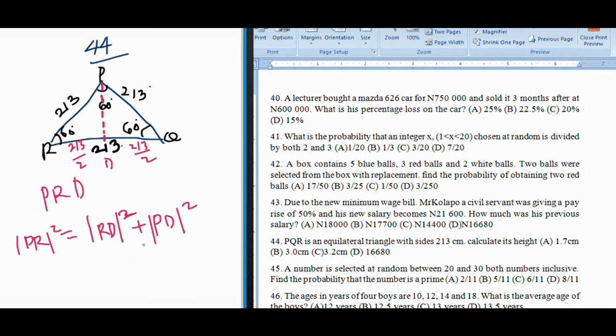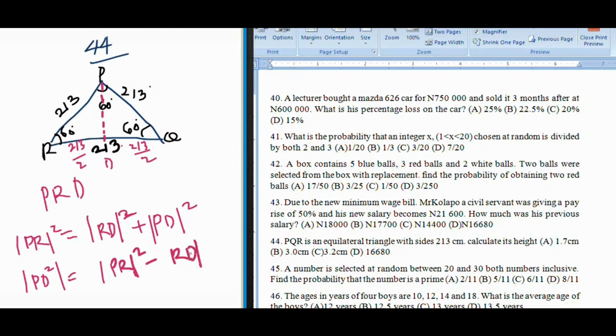PD square will be equal to 213 all square minus 213 over 2 all square.